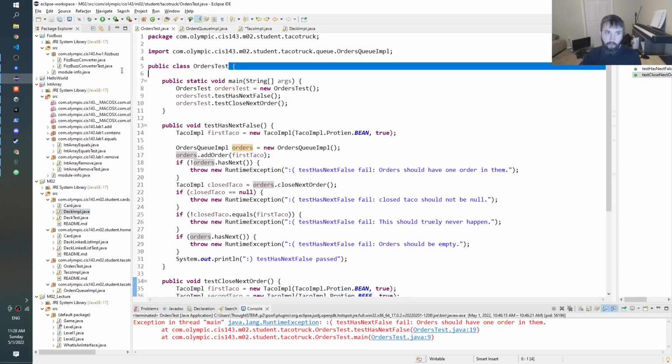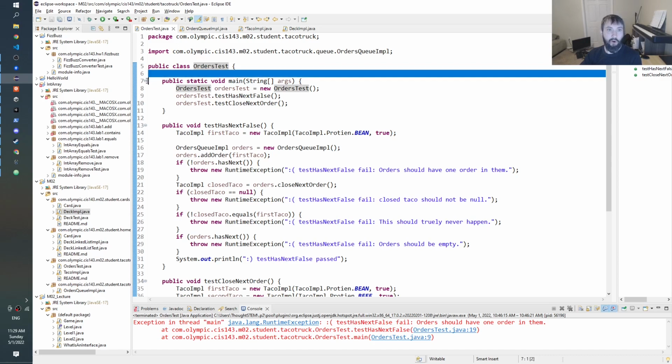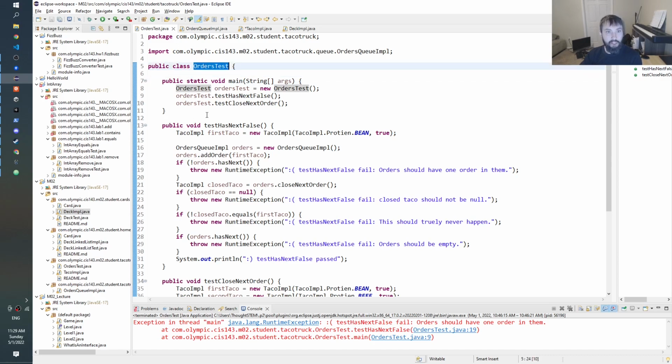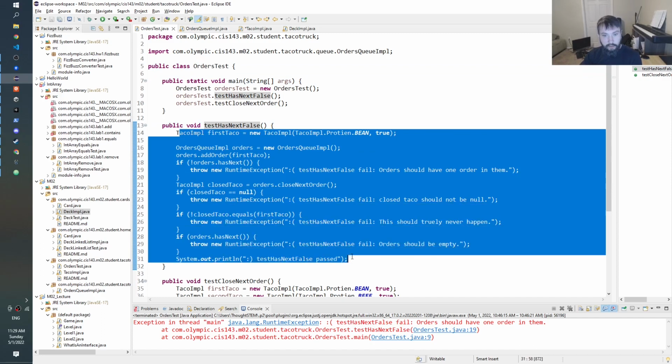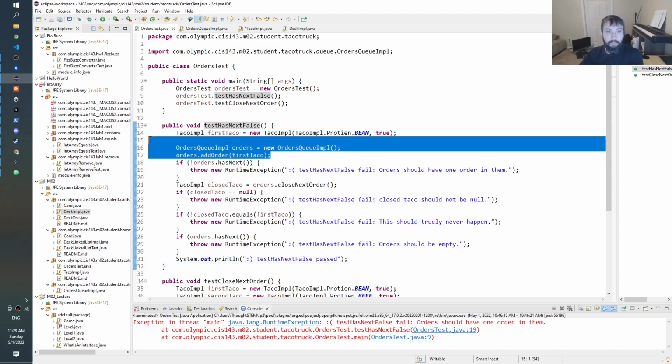But just to hit home the point, we have here a class, OrderTest, which is not a data structure class. And I can tell that because it doesn't have a single variable. It doesn't have anything that you can store in memory for this class. It just has methods that do stuff. Those methods are small algorithms that construct and manipulate data.